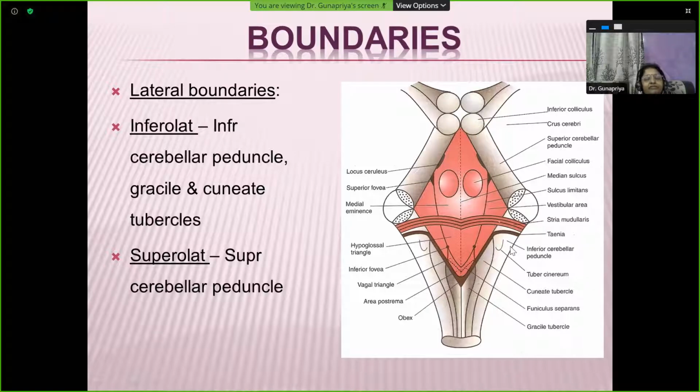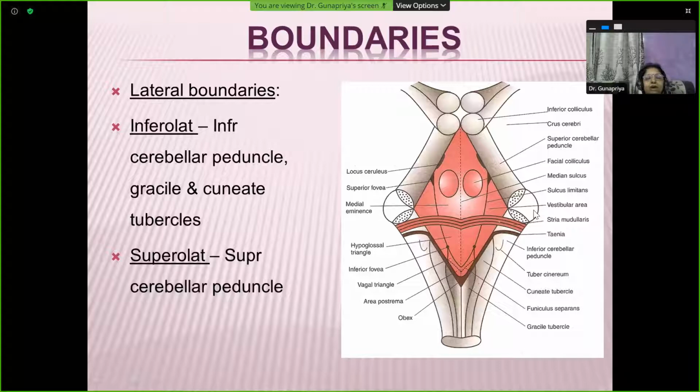Now, the superolateral boundary is formed by superior cerebellar peduncle. Superior cerebellar peduncle connects the midbrain with cerebellum. Inferior cerebellar peduncle connects the medulla with cerebellum. And this will be the region of your middle cerebellar peduncle, but that's not forming a boundary anyway. Just incidentally, I mentioned that here.